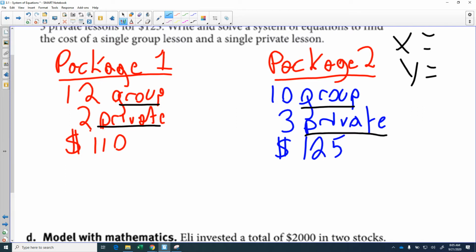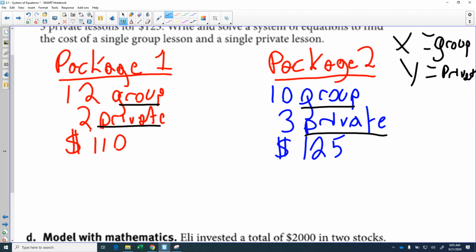They each have a group and they each have a private. This is kind of a clear indicator telling us that one of them is going to be our x and one of them is going to be our y, depending on what we want to make it. So I'm going to make x the group and y private.